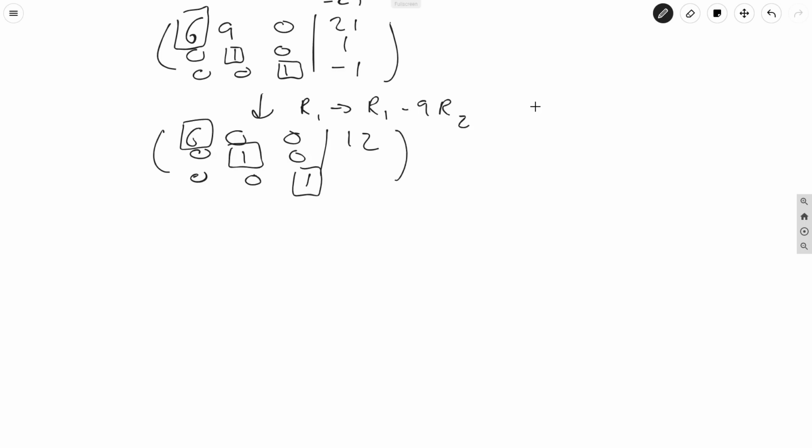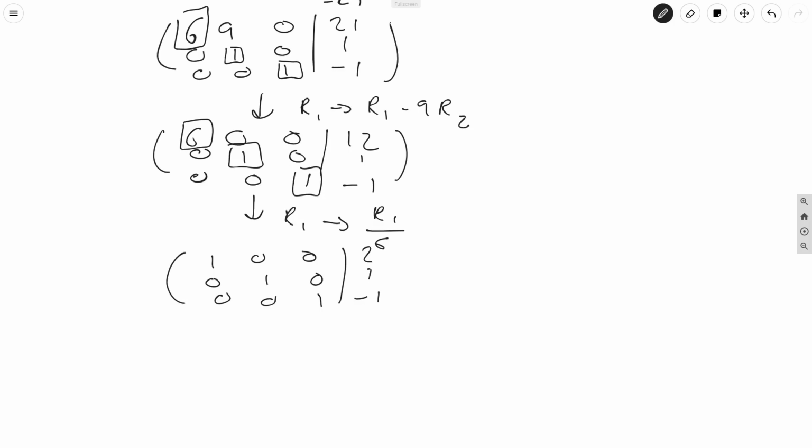Okay? And this is 12, 1, minus 1. And dividing across by 6 on this top line, so sending row 1 to row 1 over 6, we get 1, 0, 0, 0, 1, 0, 0, 0, 1 is equal to 2, 1, minus 1.